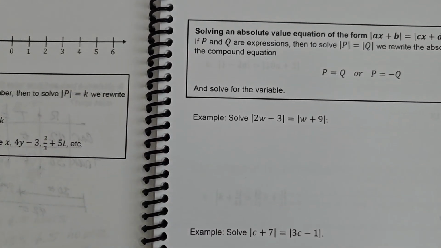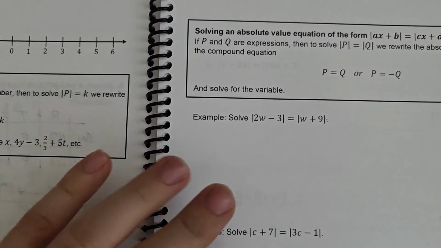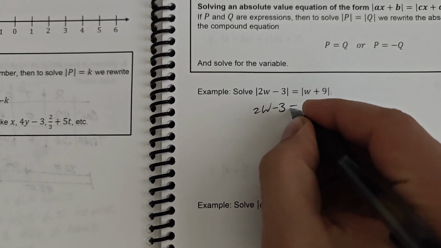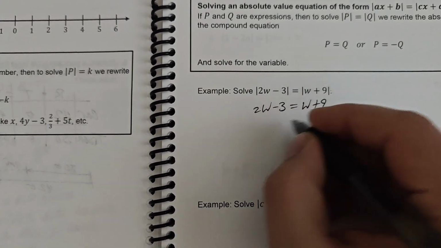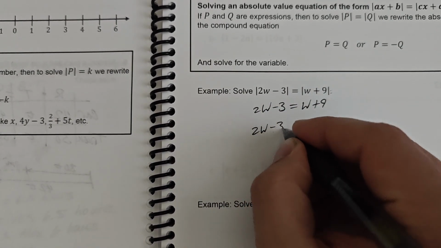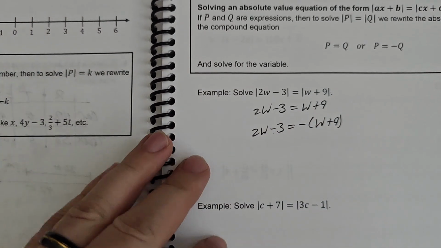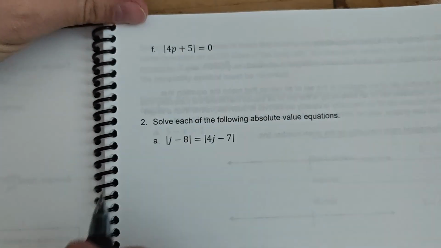If there are two absolute values, then you essentially do that same thing. 2w minus 3 equal to w plus 9. 2w minus 3 equal to negative w plus 9. And work through with both of those. The final odd case is if you have it equal to 0.